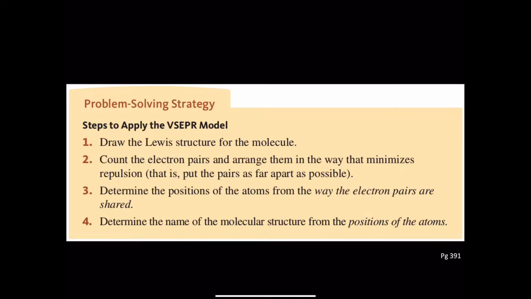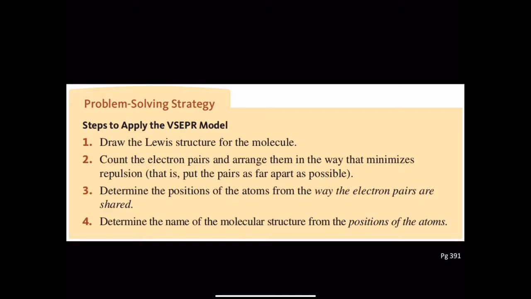When we're dealing with this, here are some steps to apply this model to look at what kind of shape it is. The first thing is to draw the Lewis structure. That's always a good place to start. Look at whether it has any single bonds, double bonds, lone electron pairs, etc. Then we'll count the electron pairs and arrange them in a way that minimizes repulsion, so the pairs are as far apart as possible.